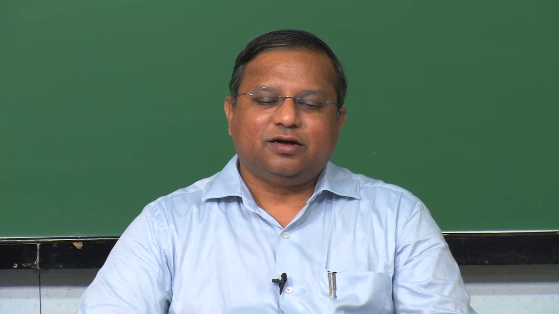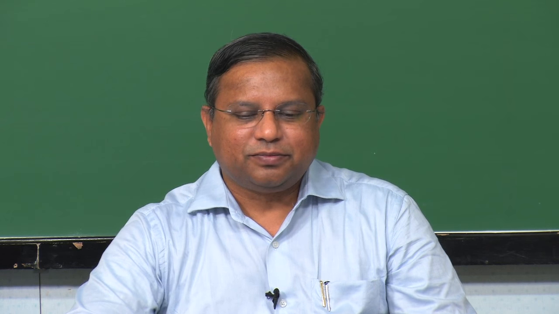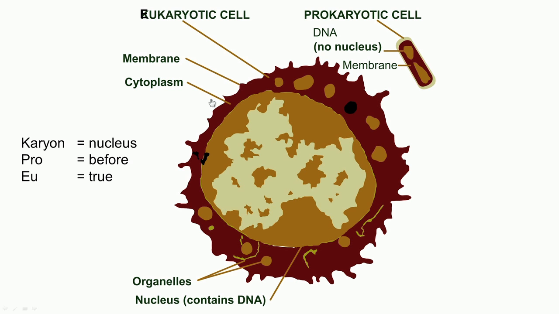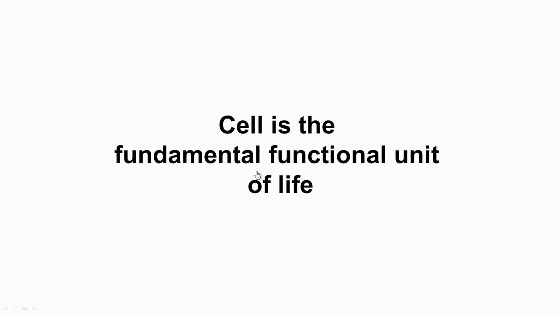And then we looked at the cell as the fundamental functional unit, and there being two types of cells, prokaryotes, before nucleus, and eukaryotes with a true nucleus. In other words, prokaryotes do not have a well defined nucleus, eukaryotic cells have a well defined nucleus.